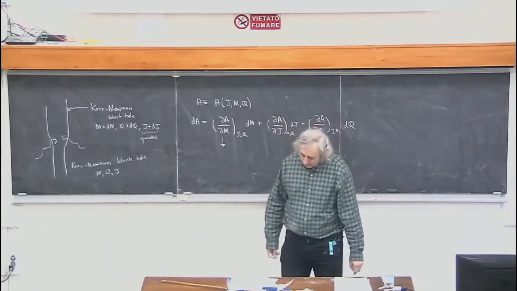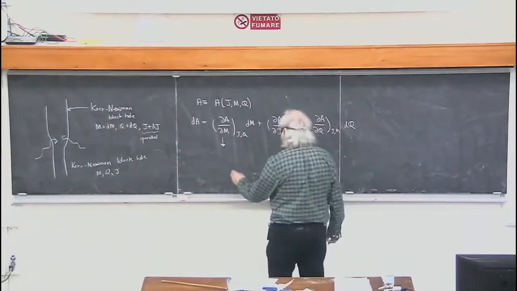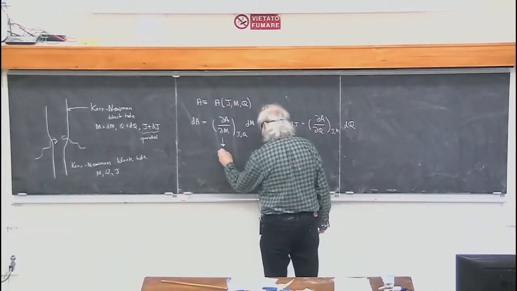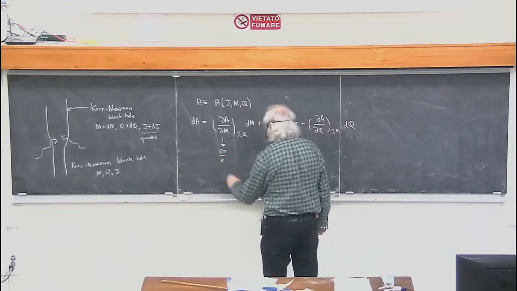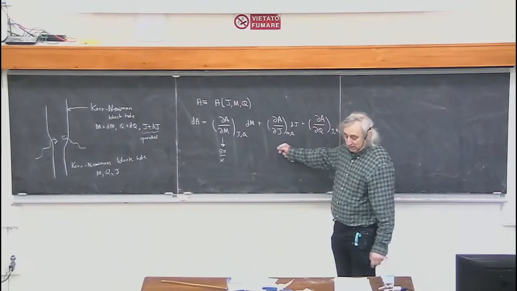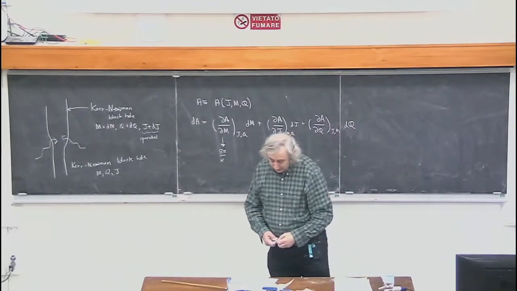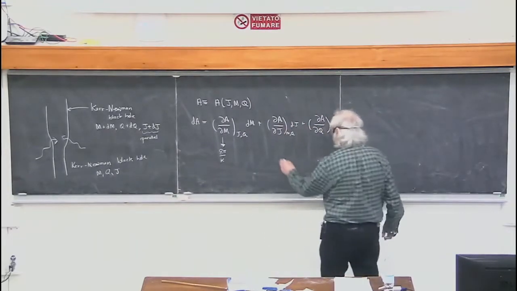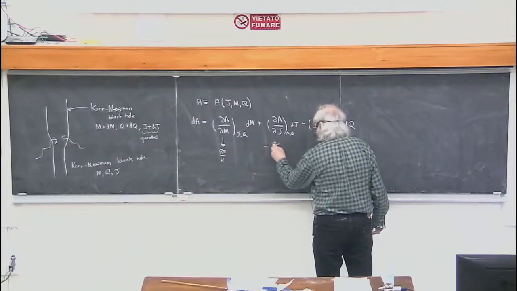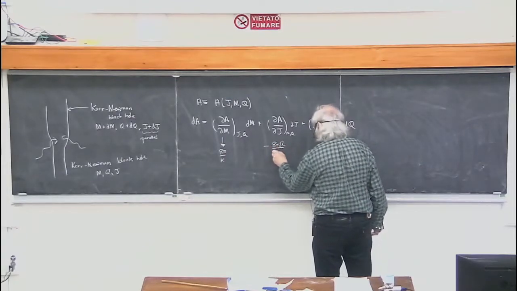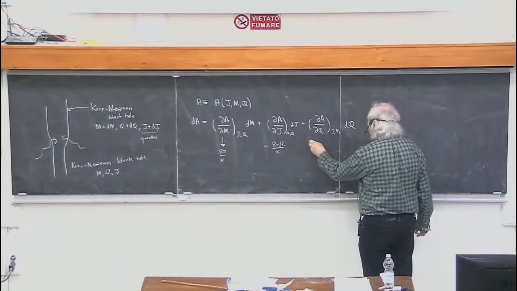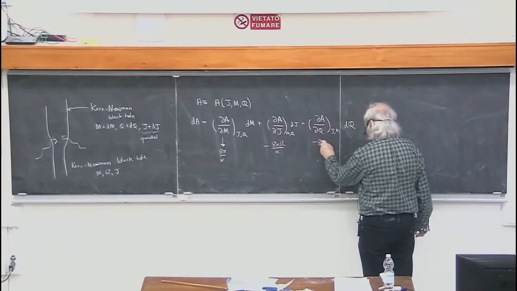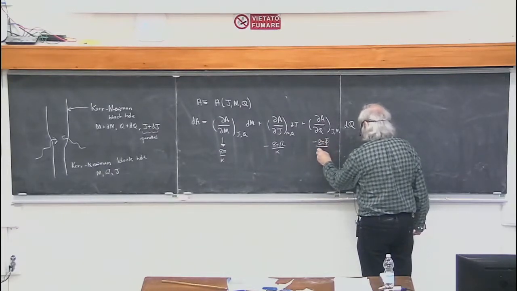This one is equal to 8 pi over kappa. This one here is equal to minus 8 pi omega over kappa. This one here is minus 8 pi phi divided by kappa.